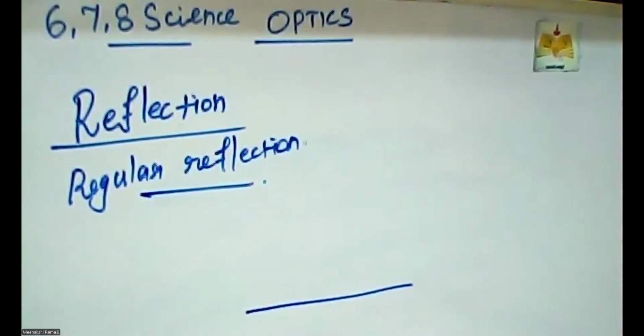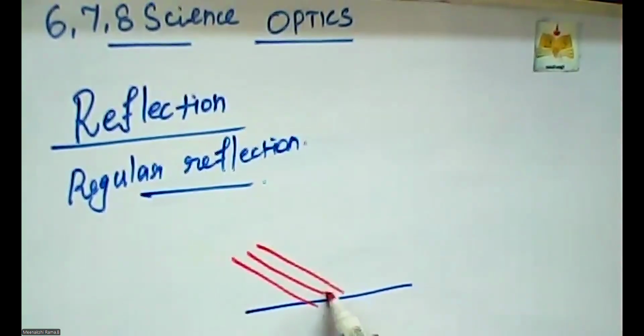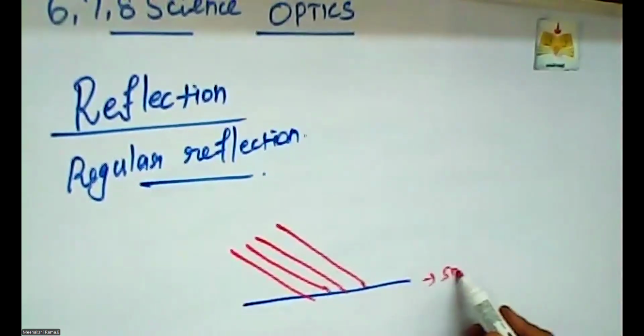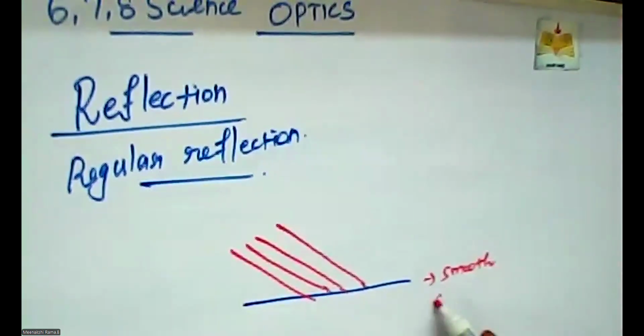When we pass the light rays to that surface, the beam of light is passed on the smooth surface. So automatically it will be reflected. So how is it reflected?